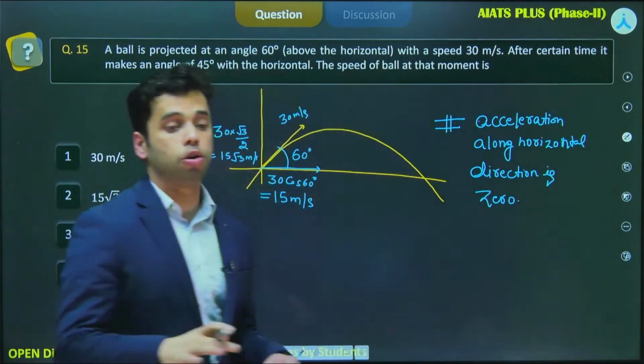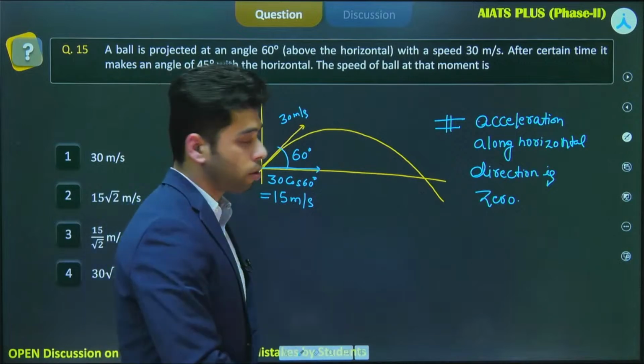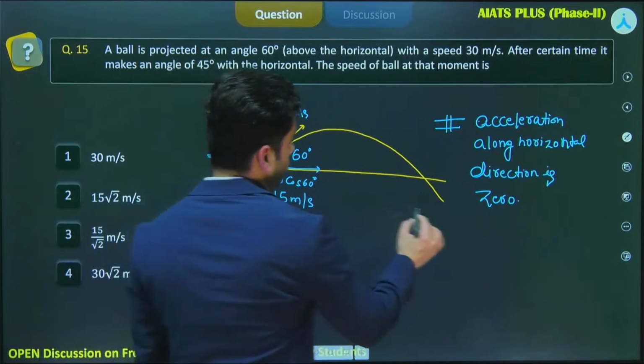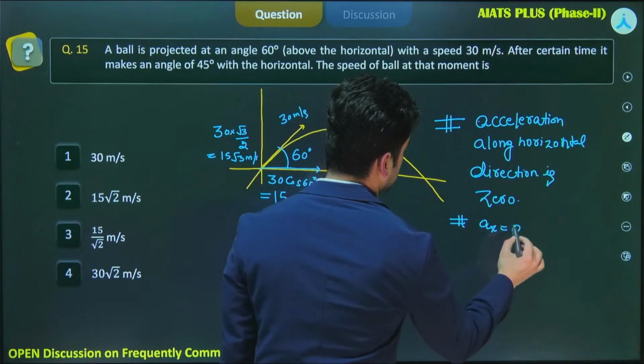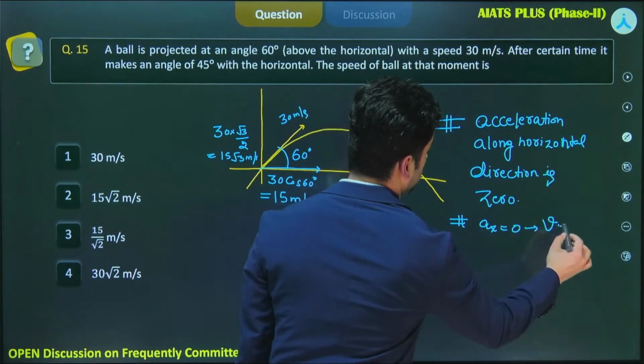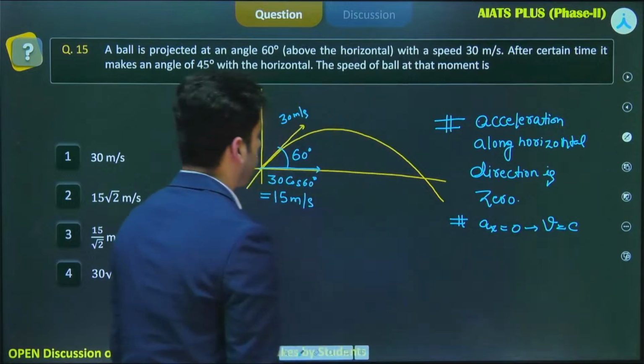So acceleration along the horizontal direction is 0. It means that, okay, someone is commenting the answer. So it means that AX is 0, right? I'll use this concept. AX is 0. It means that velocity along X direction should remain constant.